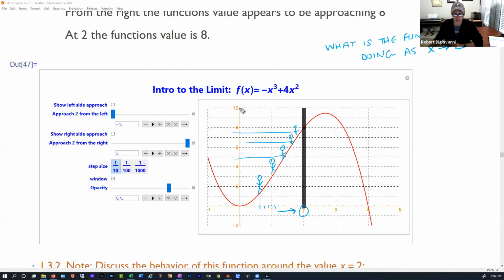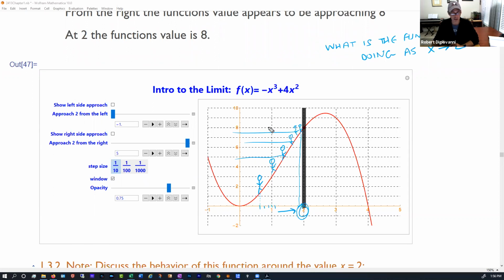I'm saying if I keep on getting closer, see my x values are getting closer to 2 here? My y values, how high I am? Aren't they all kind of going up and up and up? Aren't they gonna kind of max out at 8? Y'all see that they're gonna kind of max out at 8?